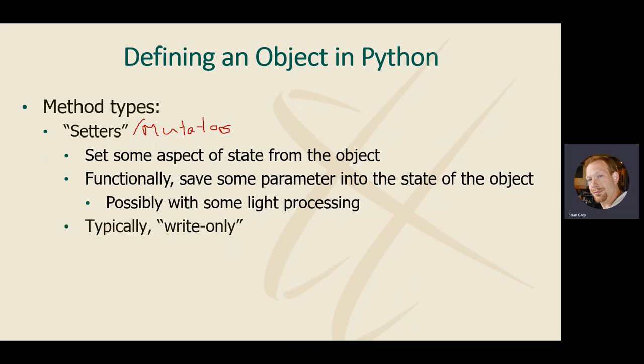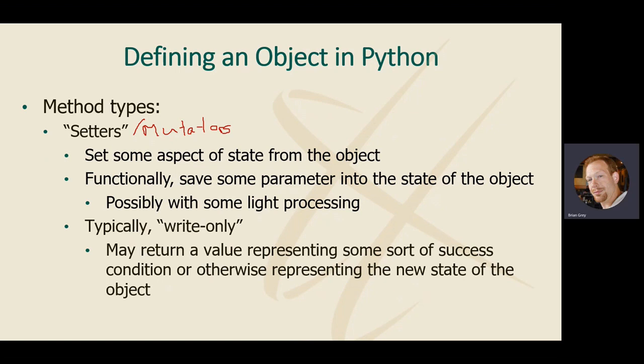These are typically write only, which is not a term. It is, but it's meant to represent the idea that these tend to alter some aspect of the object, but probably don't return anything. It can return something, and when it does, it usually returns some value that represents success or failure.